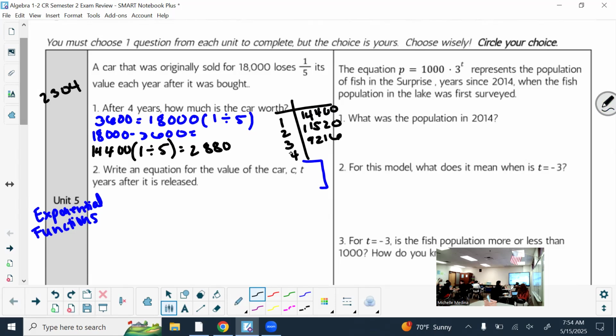I get 1,843.2, but then I need to subtract that from my current value.